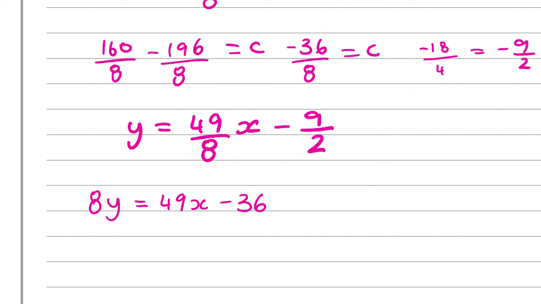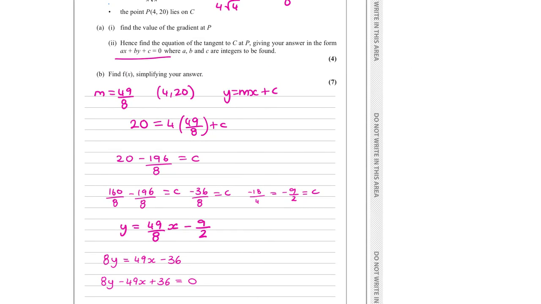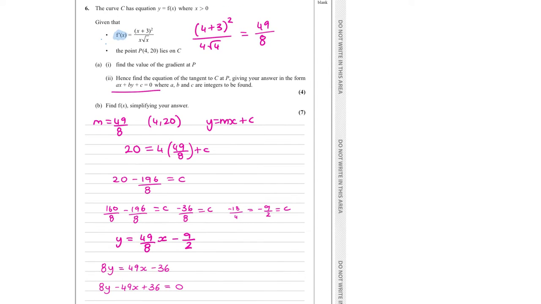I'm going to move everything to the left-hand side. 8y minus 49x plus 36 equals 0. Now, if you have your pluses and minuses the other way round, that's also okay. Perfect, so we've done that part. And they're all integers.